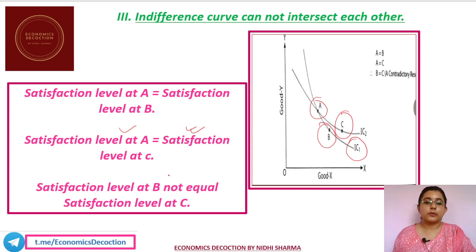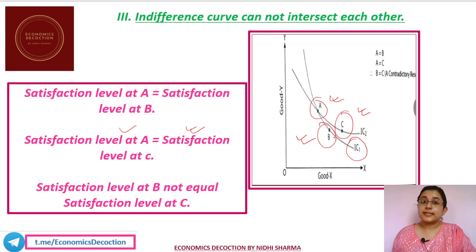Thus, we can conclude that satisfaction at A is equal to satisfaction at B is equal to satisfaction at C. But this is not at all possible. How can satisfaction at B be equal to satisfaction at C?